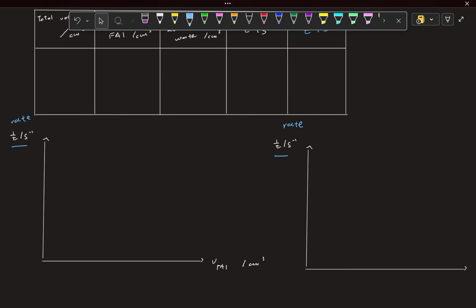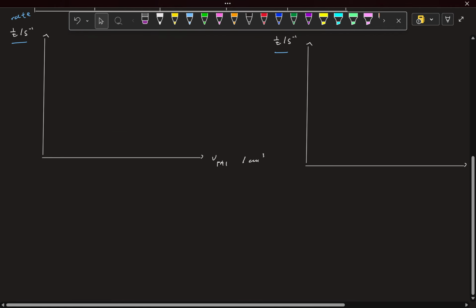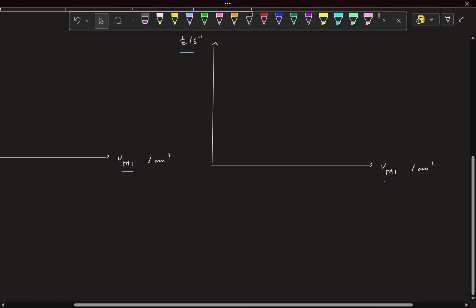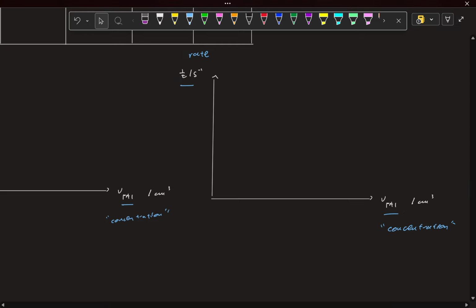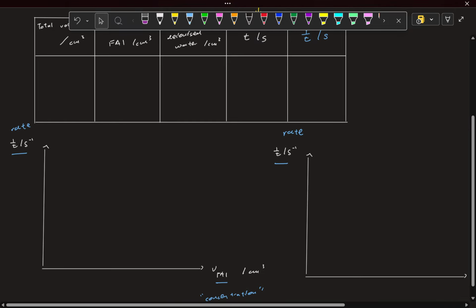And then because the total volume is constant, what is this VFA1 measuring? Essentially, it's measuring concentration in a way, right? Because you keep the total volume the same, but you vary the volume of the reactant being investigated in the mixture. This is essentially a rate concentration graph.